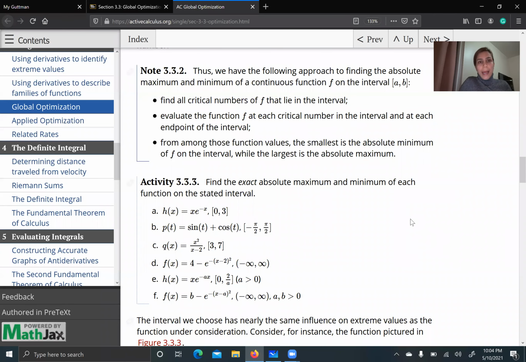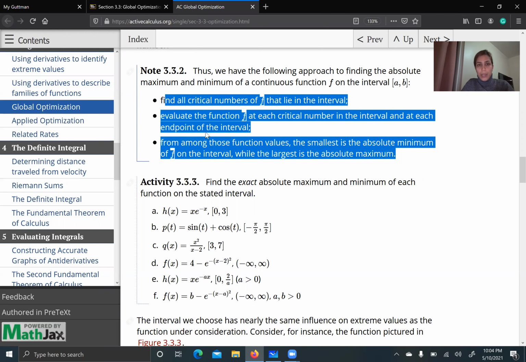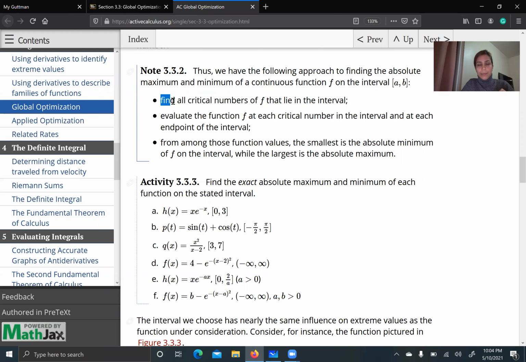So we are looking at this note that is very crucial, that yes, we know absolute extreme values exist, but how can we find them? We need to have an approach, and here are the steps. What is the first step? The first step is always find the critical values.